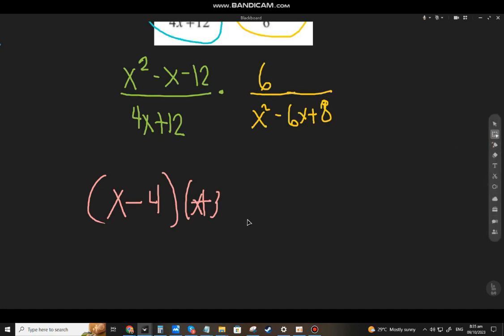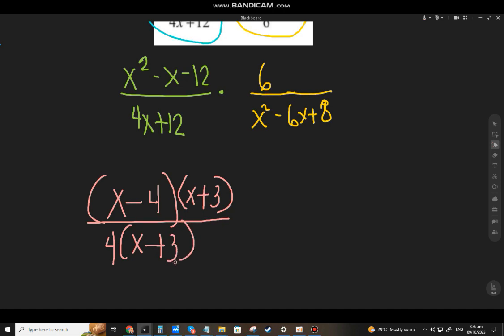Negative 4 plus 3 is negative 1, or negative x. Negative 4 times 3 is negative 12. For this one, 4 times x plus 3.